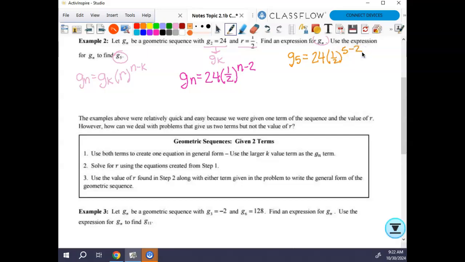Go ahead and finish that up. What's 1/2 to the third power? 1/8. Good. So 24 times 1/8. And G sub 5 is 3.